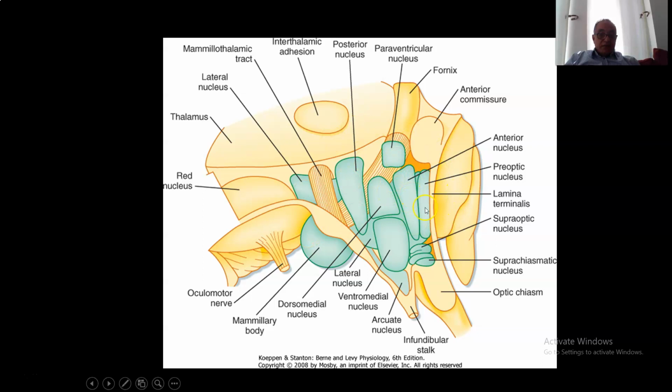Again, this is the hypothalamus, and this is the suprachiasmatic nucleus, clock, circadian rhythm. Lamina terminalis here, preoptic anterior, heat dissipation. Posterior, heat conservation. Dorsomedial, emotional behavior. Ventromedial, the appetite and satiety centers.